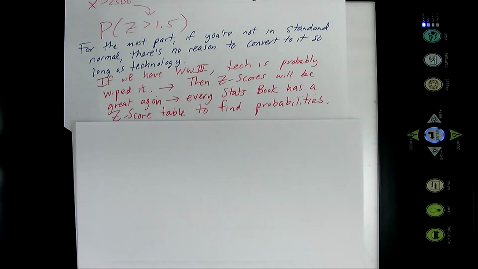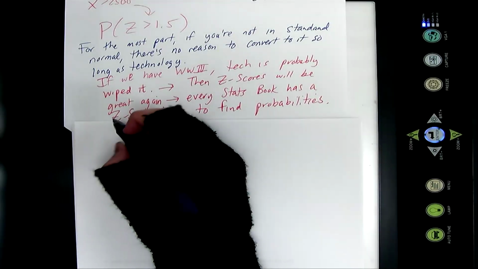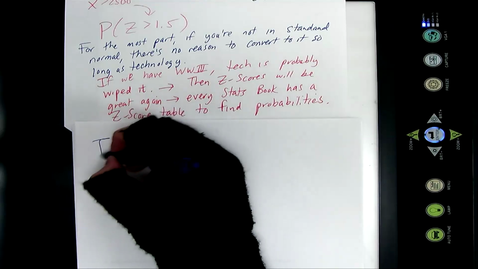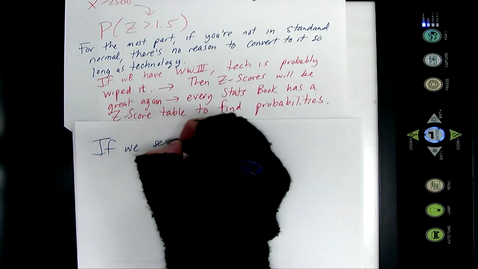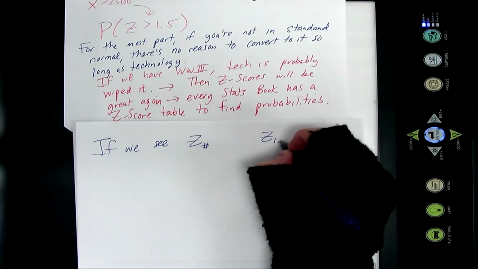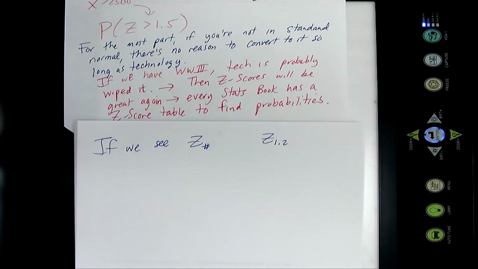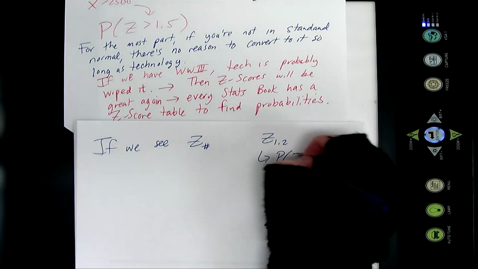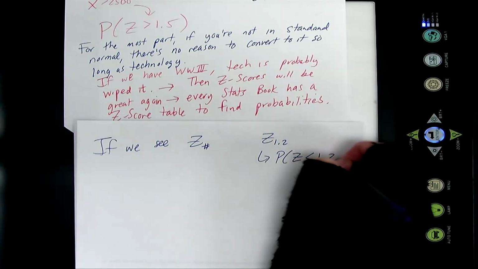Great character, but chaotic. Alright, so we probably won't use it that much, but it's there, it's available. If it does come up, you will see stuff with it, they will give you questions on it. If we see Z with a number underneath it, like Z 1.2, this is referencing the probability that Z is less than 1.2.